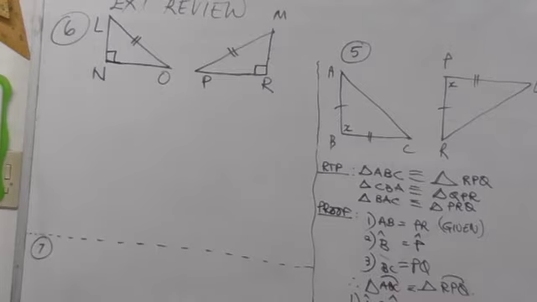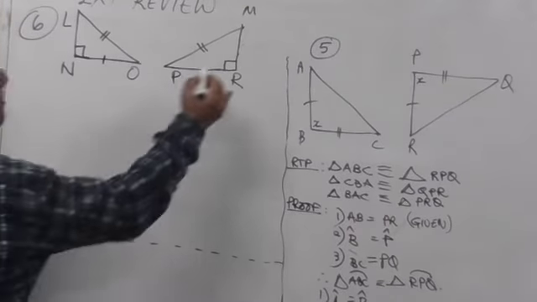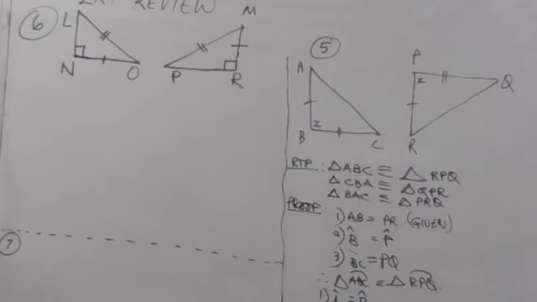And you are told NO is equal to MR. Now in this case, you don't worry about corresponding side. You only worry about the case. The case here is 90 degrees hypotenuse side. You have 90 degrees.